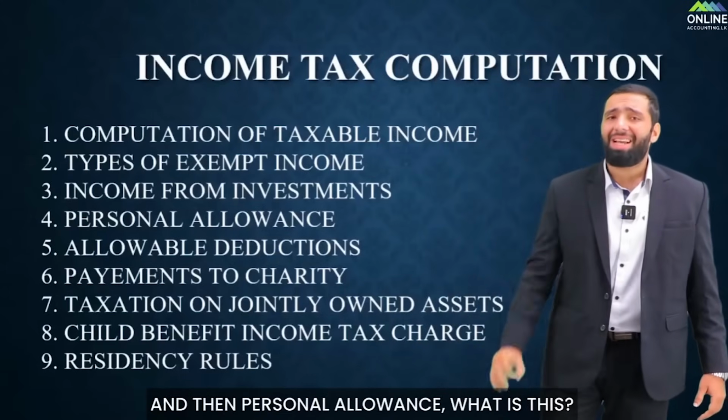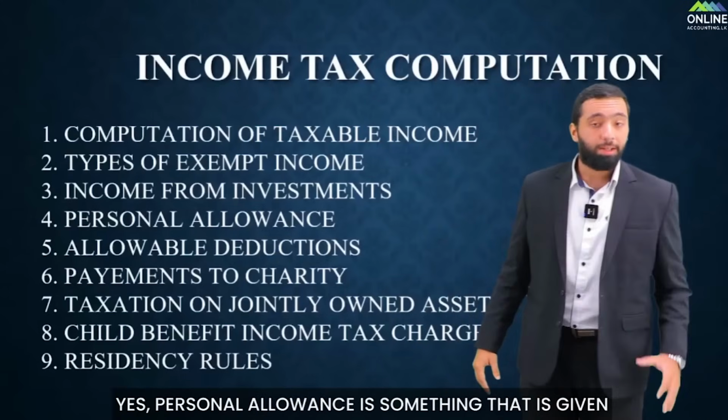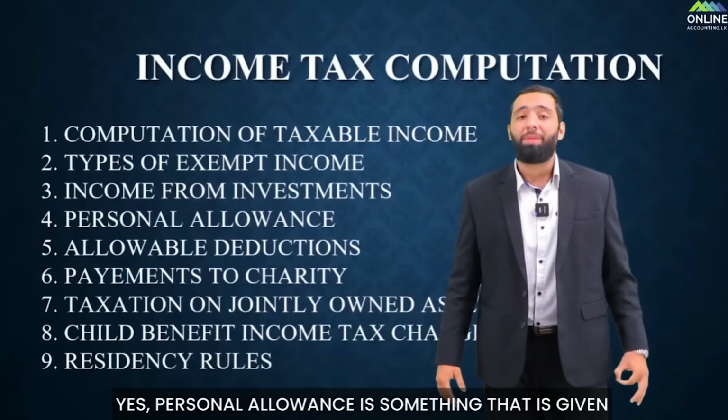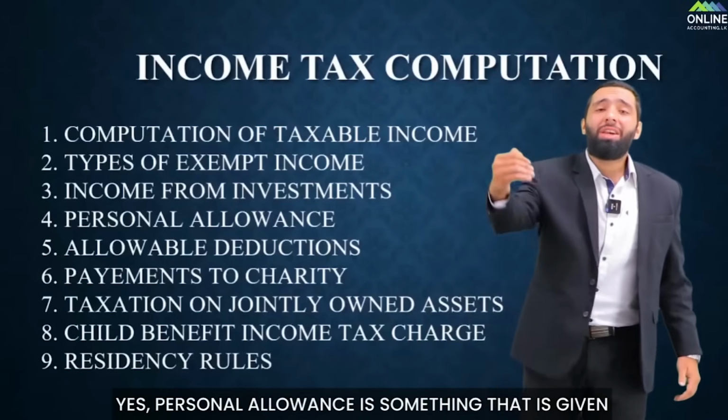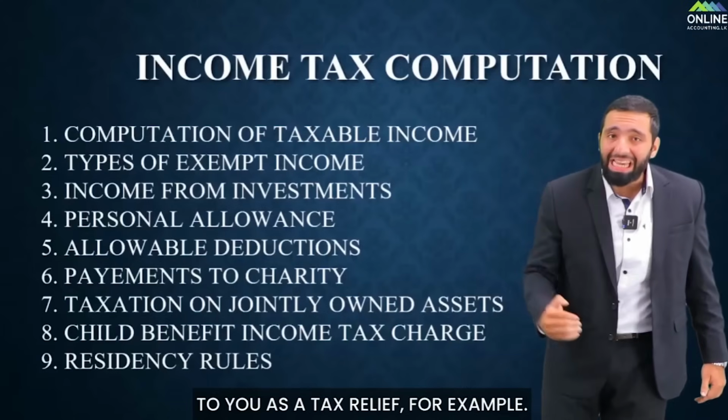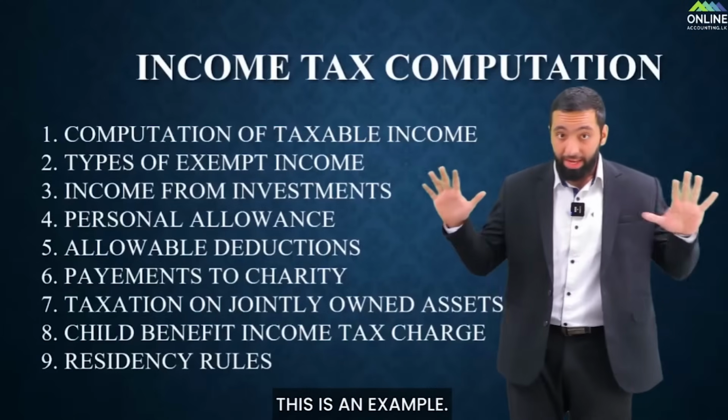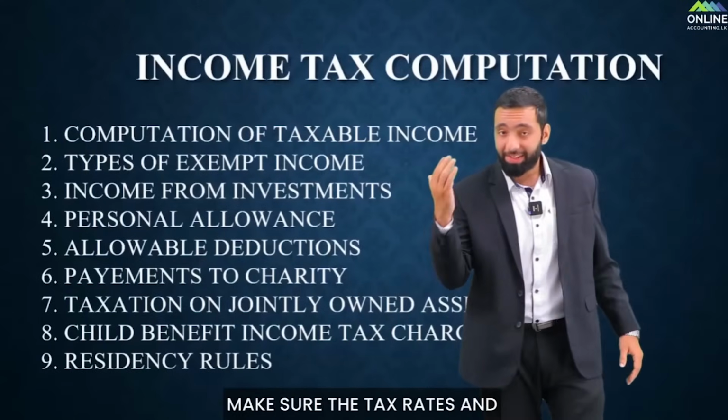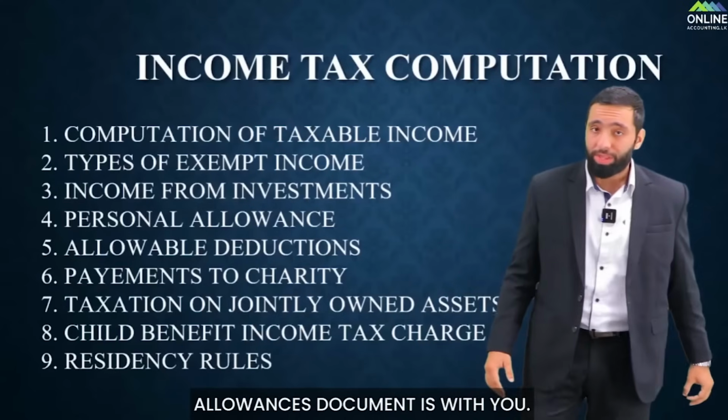And then personal allowance. What is this? Yes, personal allowance is something that is given to you as a tax relief. For example, this is an example. Make sure the tax rates and allowances document is with you.